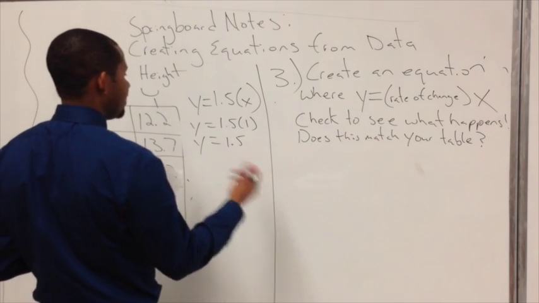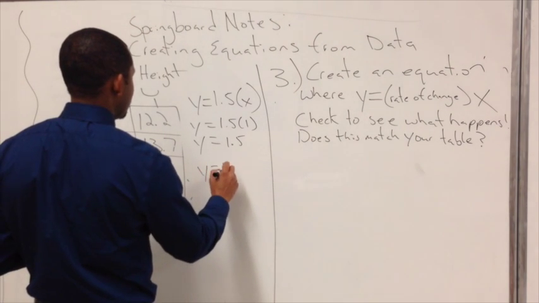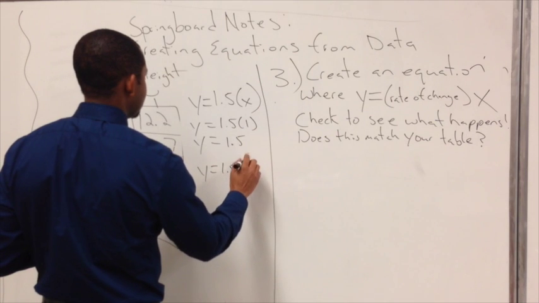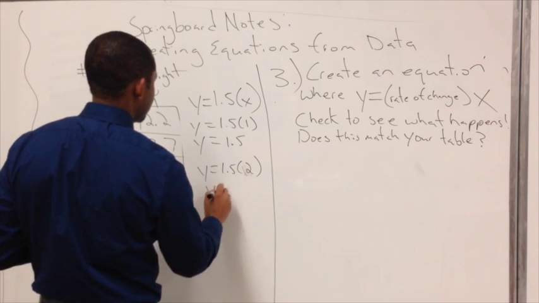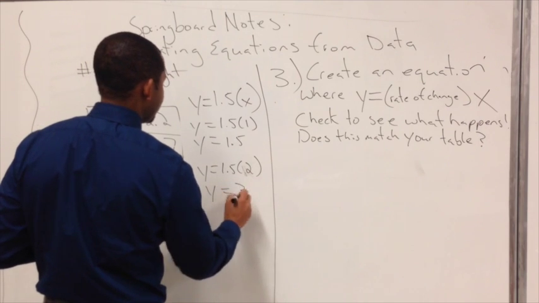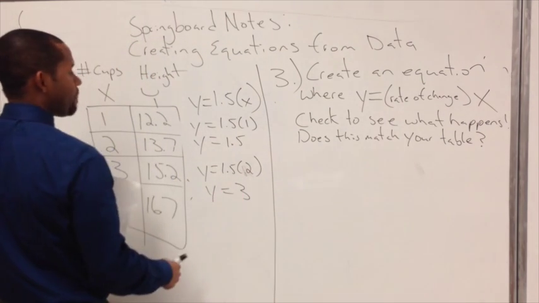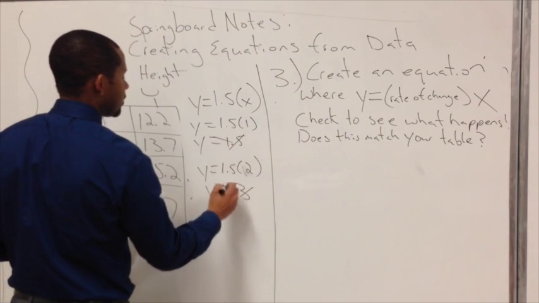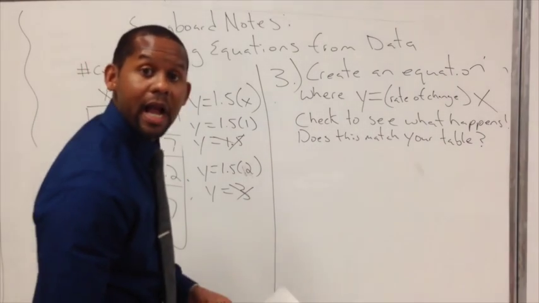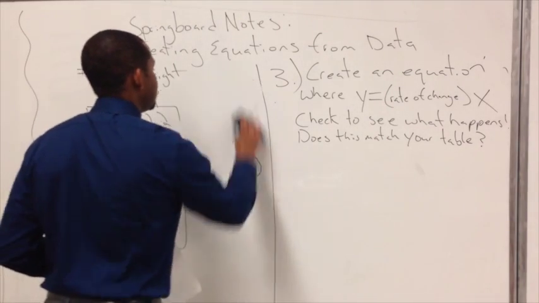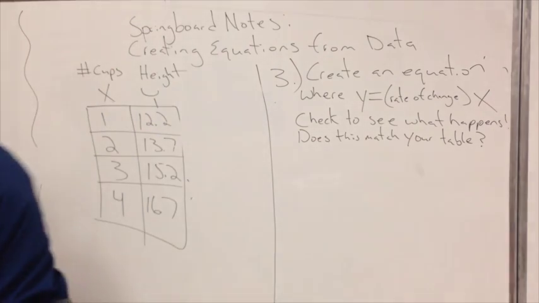Let me just check another one. It says y equals 1.5 times x. I'm going to plug in a 2 instead. So y equals 1.5 times 2, which is 3. Now, this doesn't work. Okay? So there's another step I have to take. So what's my next step?